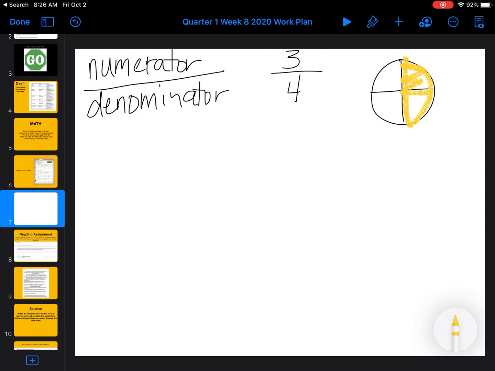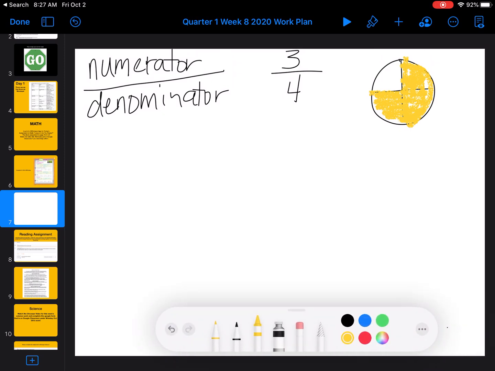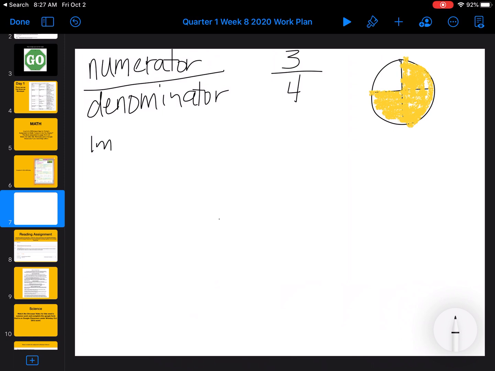So 3 pieces would be shaded in, and that would represent my fraction 3/4. When you have an improper fraction, the number on top is larger than the denominator. That means you have more than one whole. You might have 2 wholes or 3 wholes or 5 wholes.